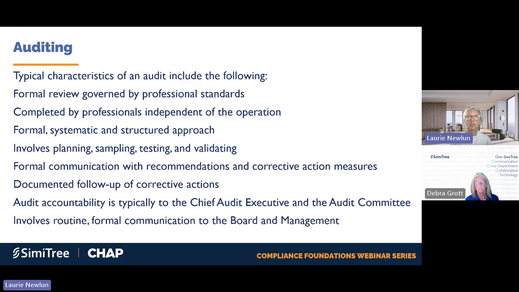It has a formal communication with recommendations and corrective action measures. It's documented follow-up of those corrective actions. And the audit accountability is typically assigned to a chief audit executive, an audit committee, a compliance officer, someone who has that formal role within the organization. And then it involves routine formal communications to the board and to management.